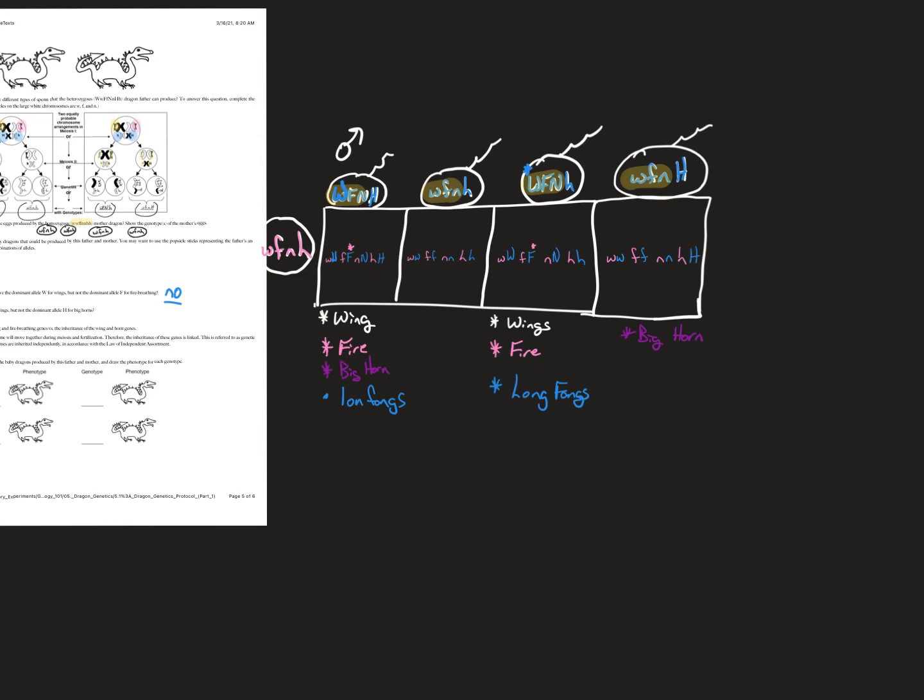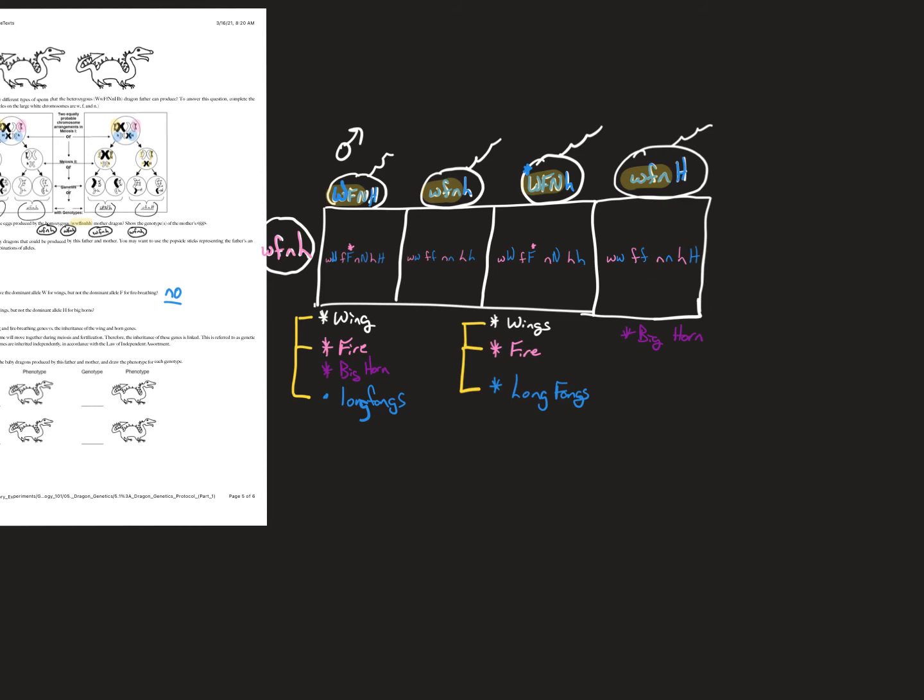I'm sorry, that's not true. Big wings, fire-breathing, and long fangs are going to be together. These three are going to be together. Why are these three together? They're always together because they're linked. These three genes are linked.